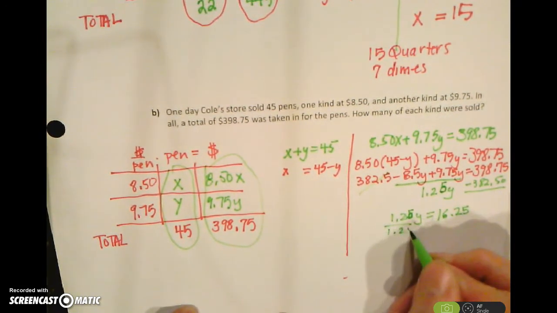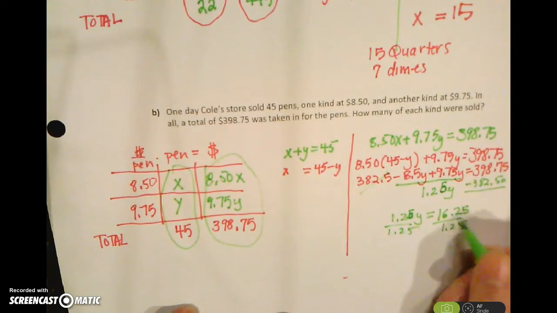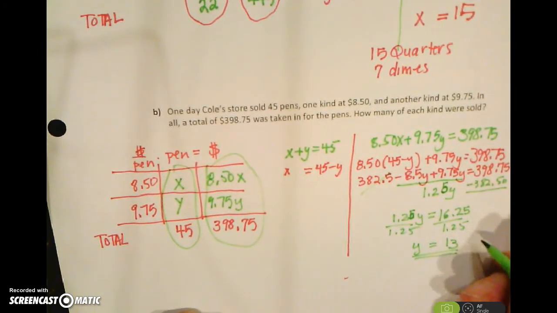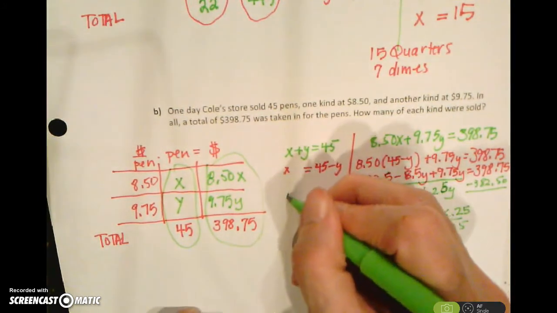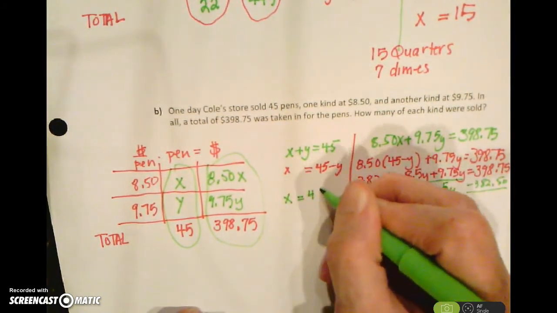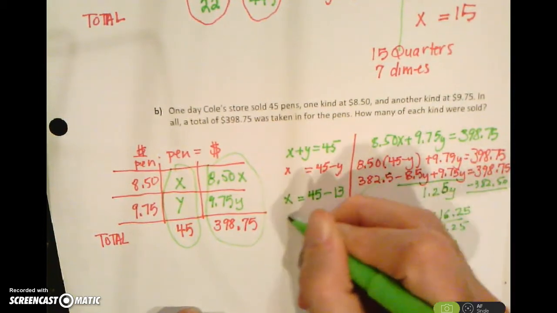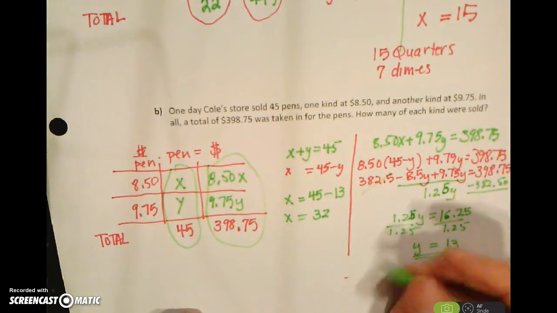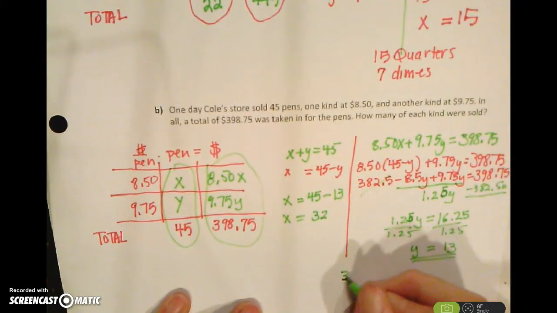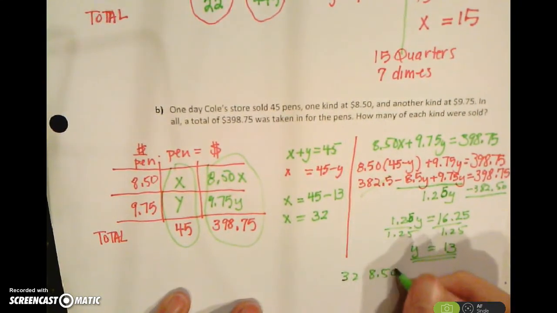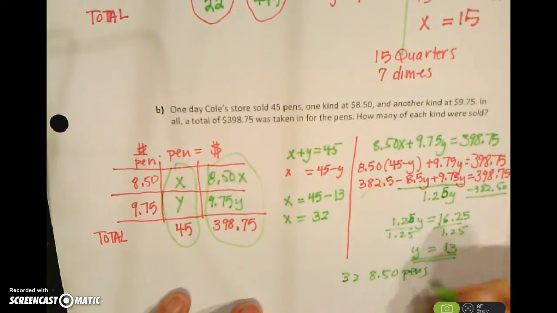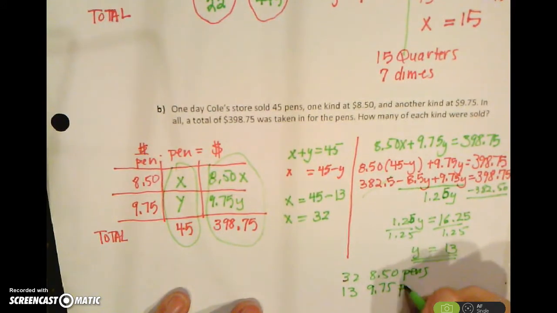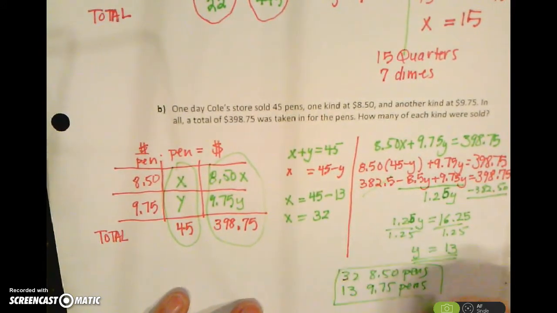And then I'm going to divide both sides by 1.25, and that will give me that Y is equal to 13. So I'm going to take my 13 to the other side and say X is equal to 45 minus 13. So X is equal to 32. So there's going to be 32 of the $8.50 pens purchased, and there's going to be 13 of the $9.75 pens purchased.